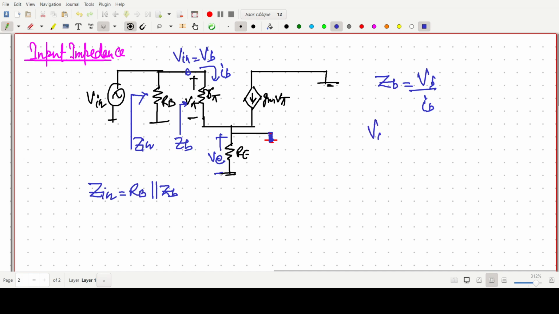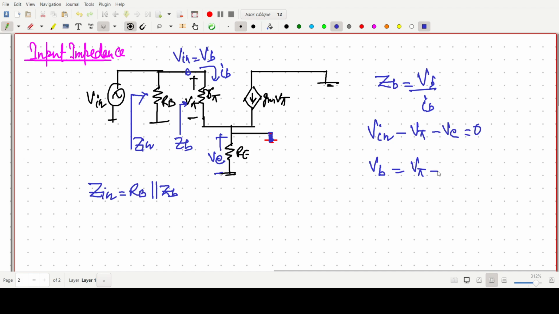So what we can do, not make it ground now. V in minus V pi minus VE equals 0. So V in is nothing but simply our VB.